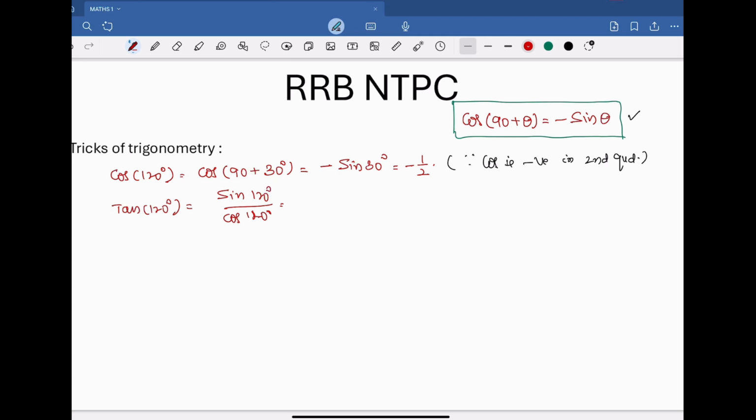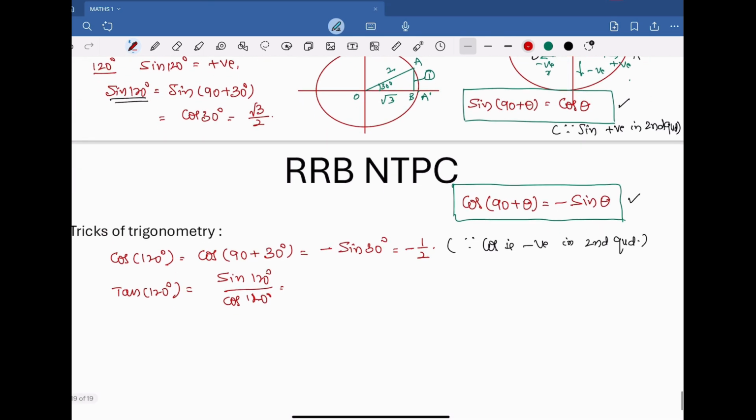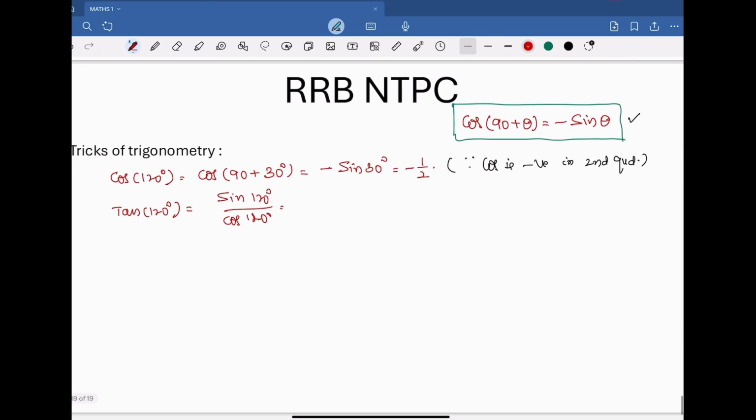What is sin 120? Root 3 by 2, divided by cos 120, which is minus 1 by 2. That is equal to minus root 3 by 2 into 2 by 1. That is equal to minus root 3.